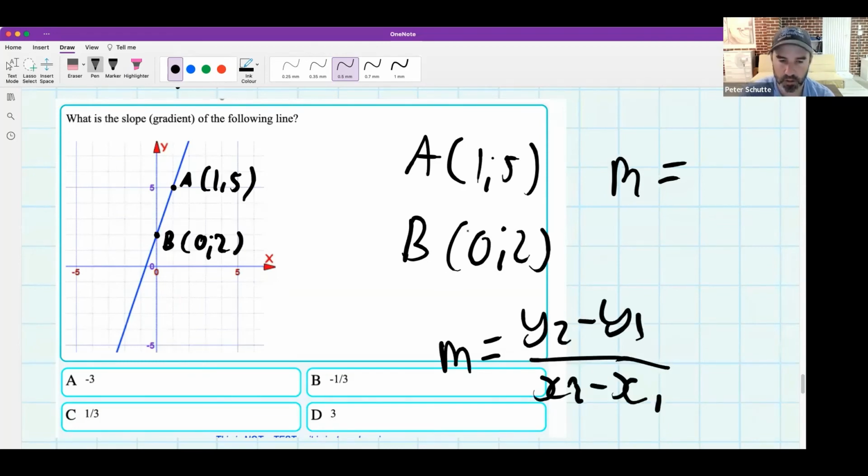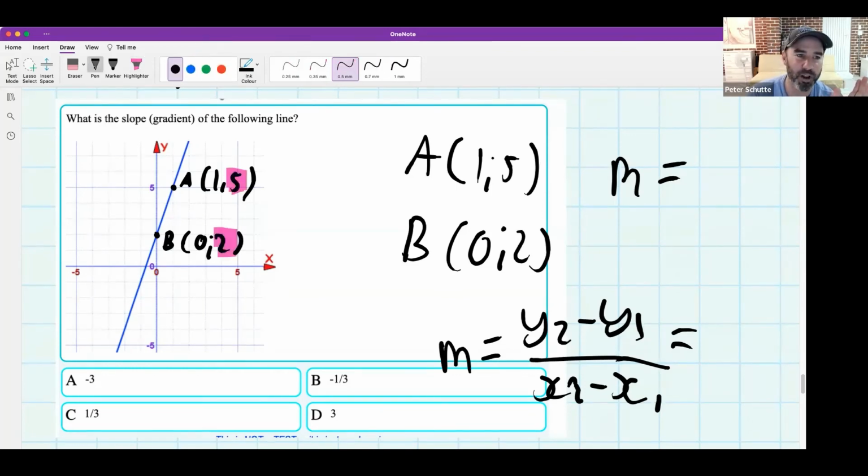Some answers are coming through. The thing that, Coco, I find students mess up with this one is sometimes they put the X on top, not the Y. That happens so much.